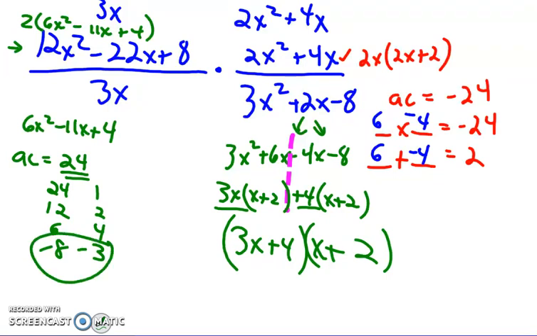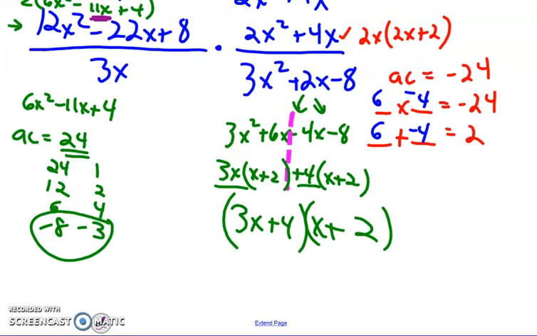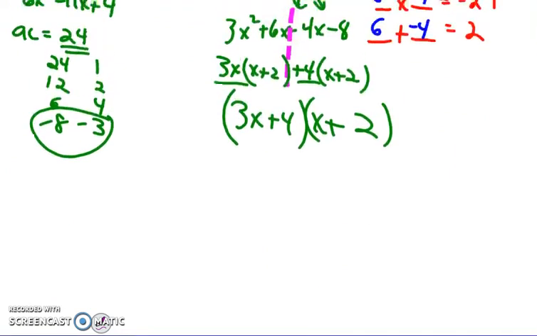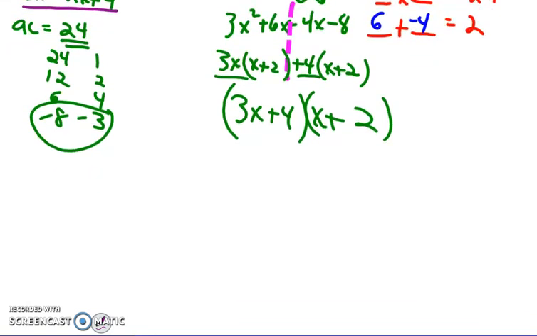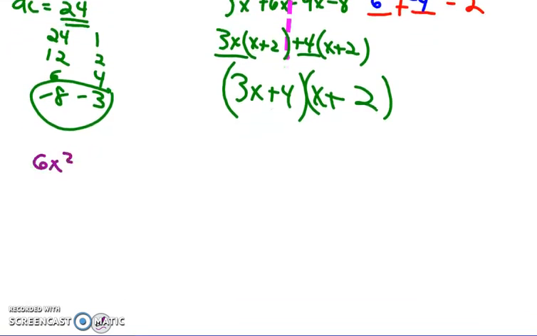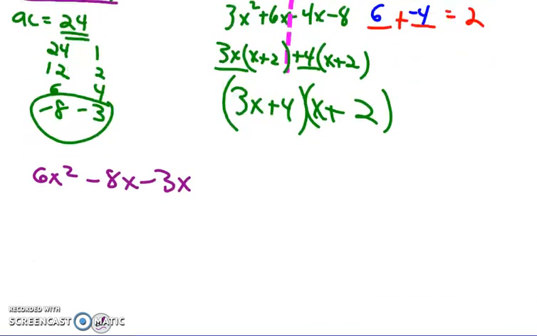And remember, the whole point of the AC method is just to rewrite the 3-term polynomial or quadratic as 4 terms. Okay, it's getting a little lengthy. So what I have now is, I'm trying to factor this, so it's 6x squared minus 11x, but it's no longer 11x, it's minus 8x minus 3x, and it's a plus 4.